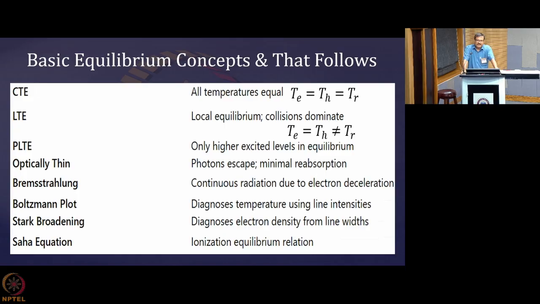The Boltzmann plot technique we used to determine the temperature from the line intensities. Stark broadening we used to diagnose electron density from line widths. Then the Saha equation gave us the species distribution under ionization equilibrium. So these are the concepts that we have studied in our regular classes, and what we will do is try to apply them in this tutorial.